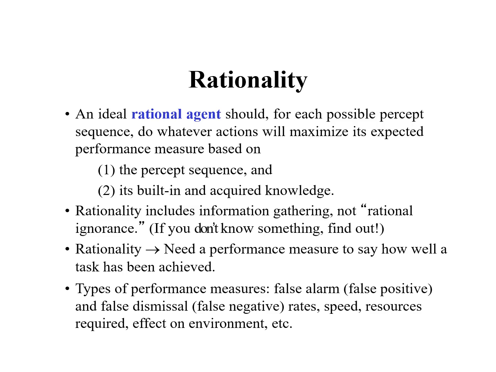The next point is that rationality includes information gathering, not rational ignorance. If you don't know something, find out. That is, in this case information gathering occurs. If the system doesn't know something, what will it do? It tries to find out the answer or the solution for it.